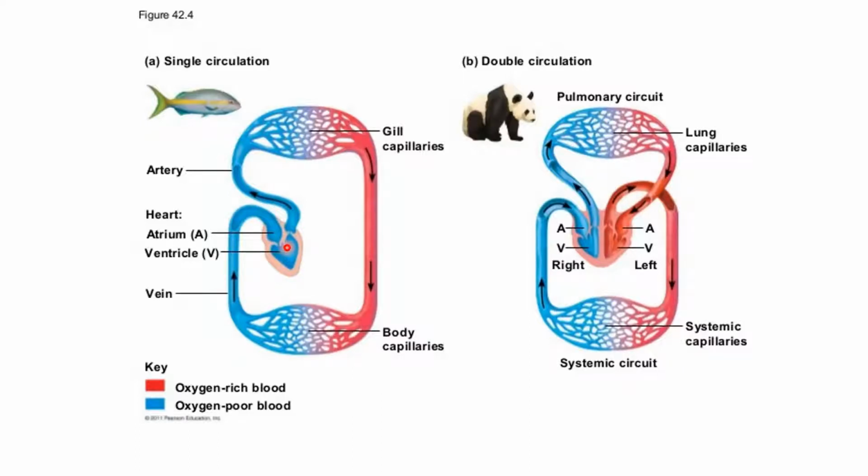This diagram shows a single pathway of blood flow: blood leaves the heart, goes to the body, and then comes back to the heart. This is known as single circulation.